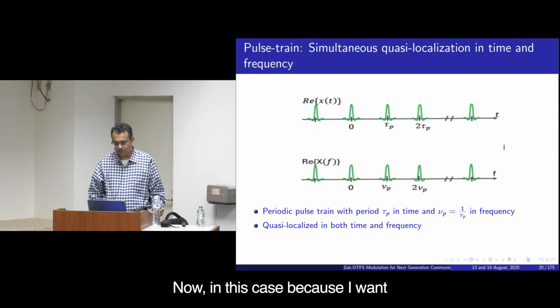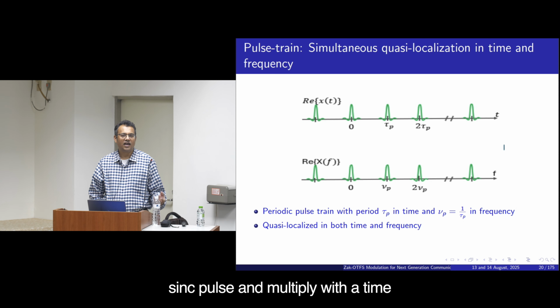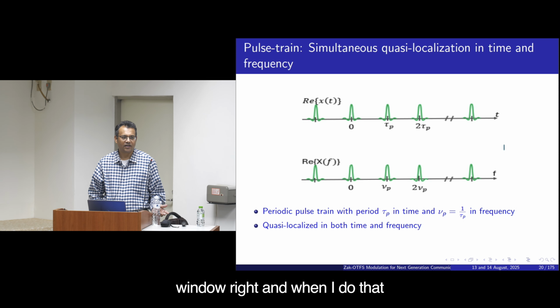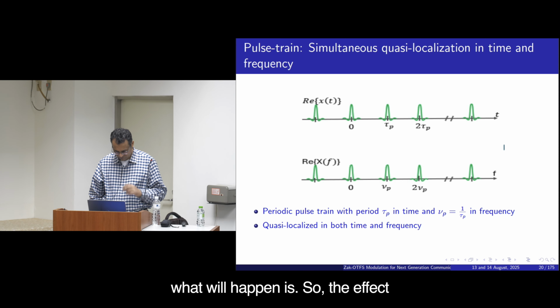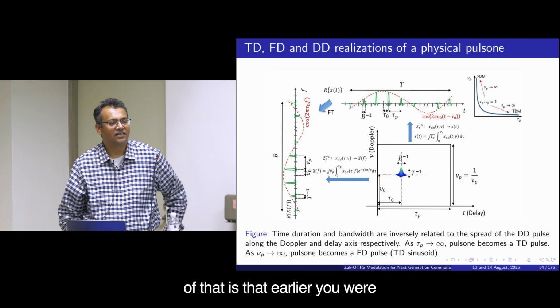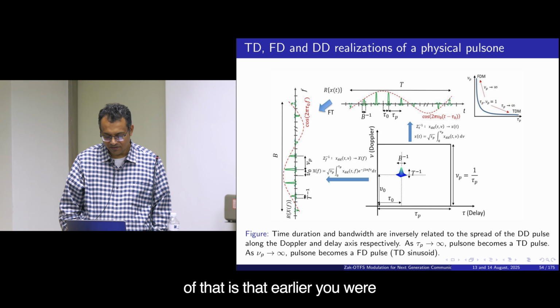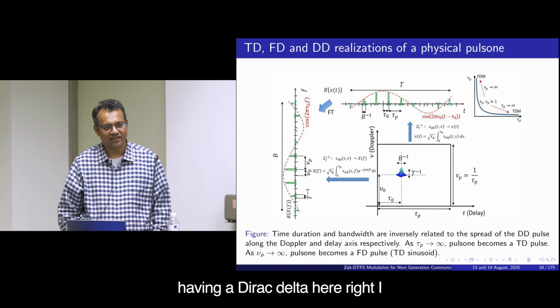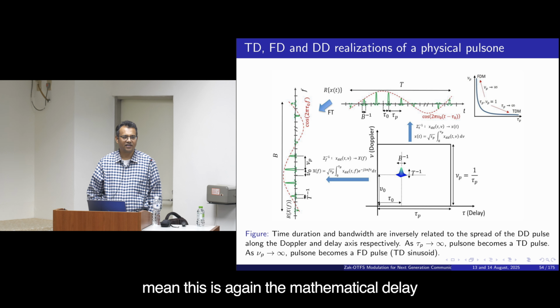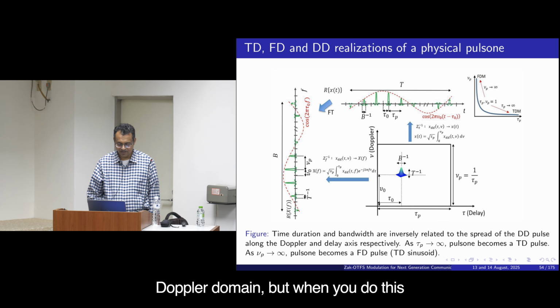Now in this case, because I want to have a finite time as well as finite bandwidth, what I will do is filter this with a sinc pulse and multiply with a time window. The effect is that earlier you had a Dirac delta here, in the mathematical delay Doppler domain.